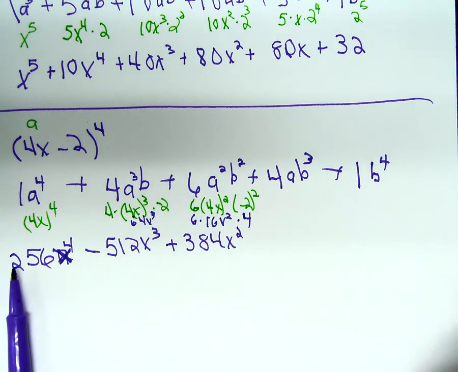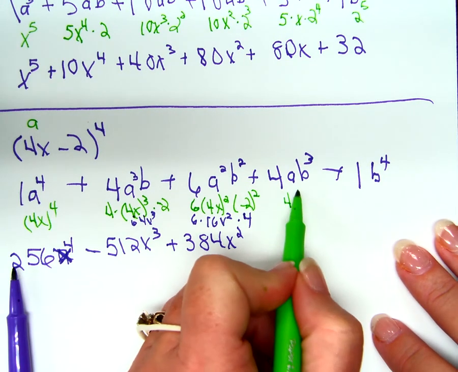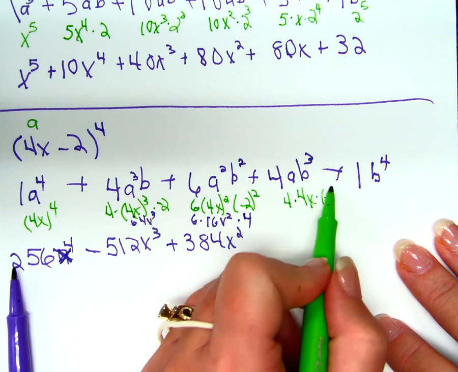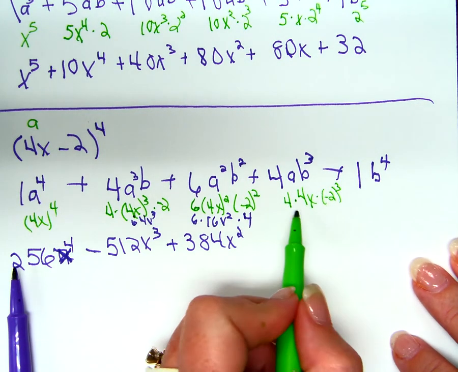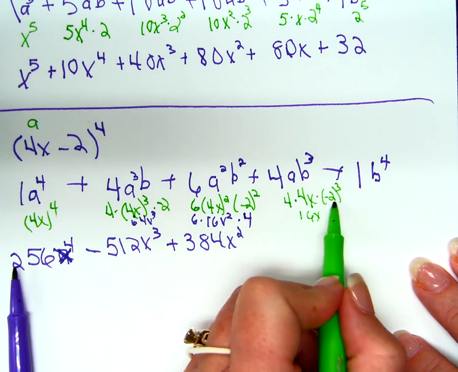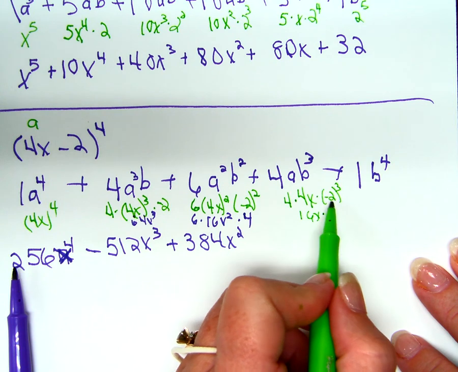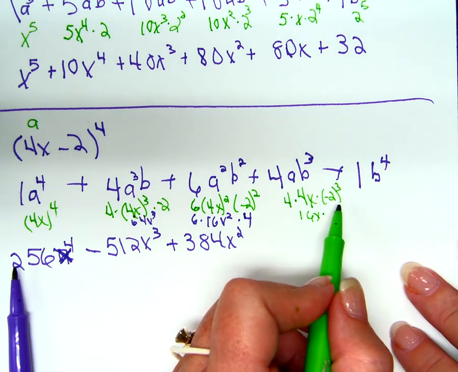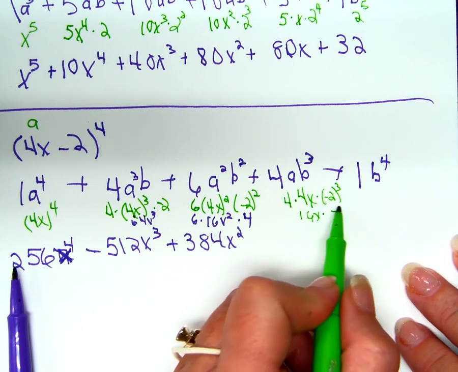Okay. Now I have 4 times a, which is 4x, times negative 2 to the third power. Well, 4 times 4 is 16, right? So this is 16x. What's negative 2 to the third power? Negative 2 times negative 2 is 4. 4 times negative 2? Negative 8.